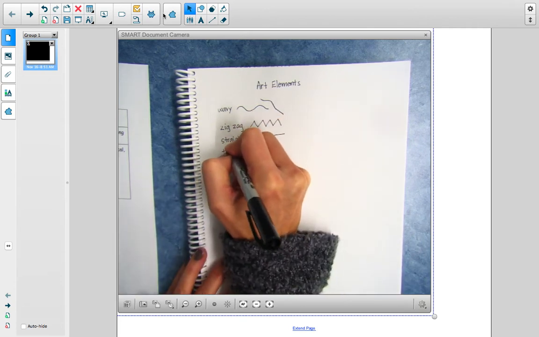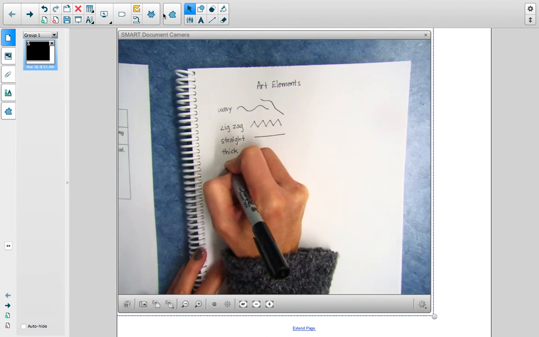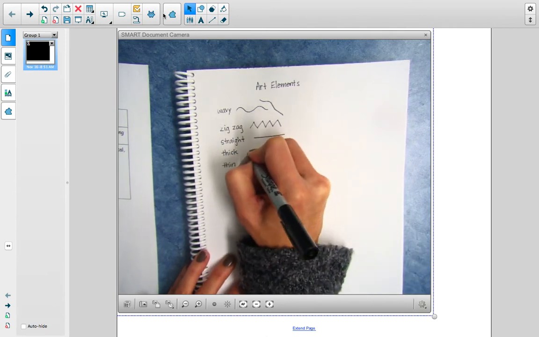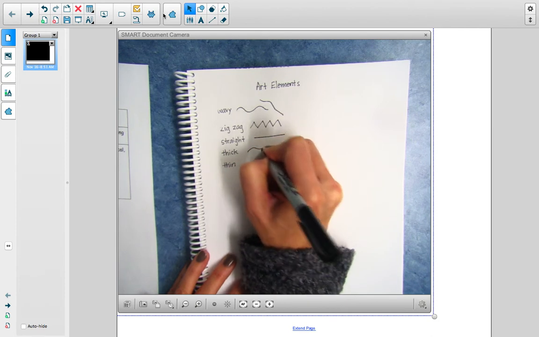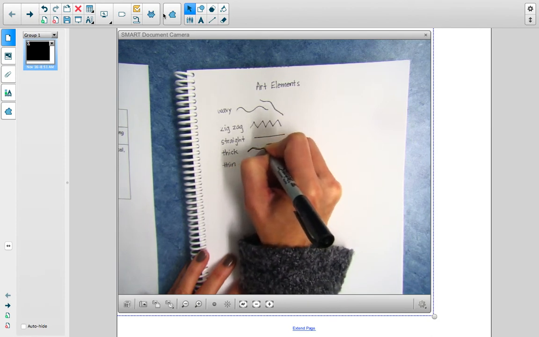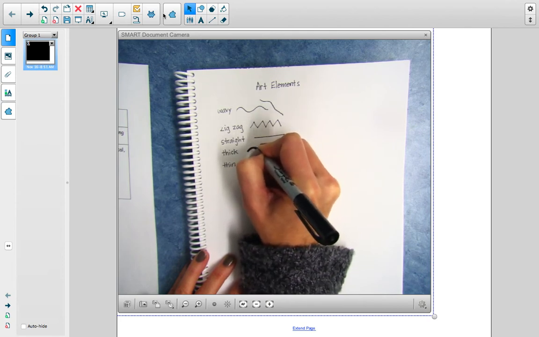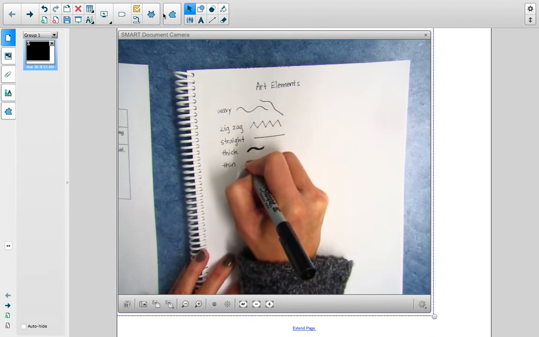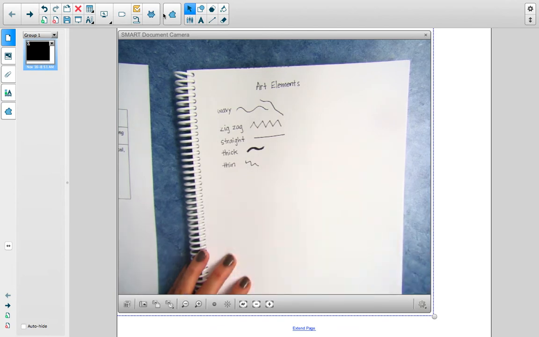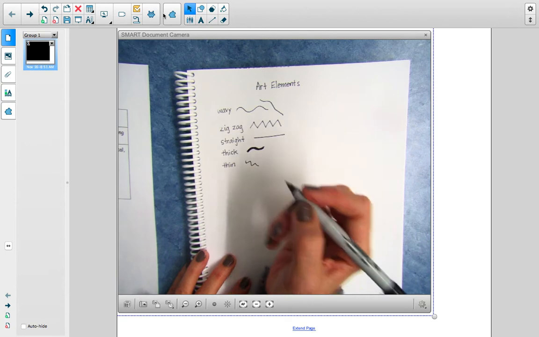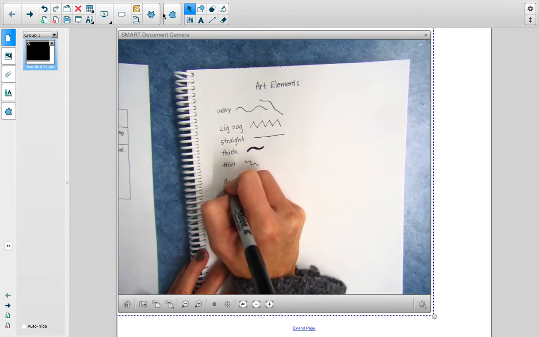If you can see thick and thin lines, then it could be curved, it could be zigzag, it could be any of those things. And this one is thick, and then this one is thin line. There can be diagonal.